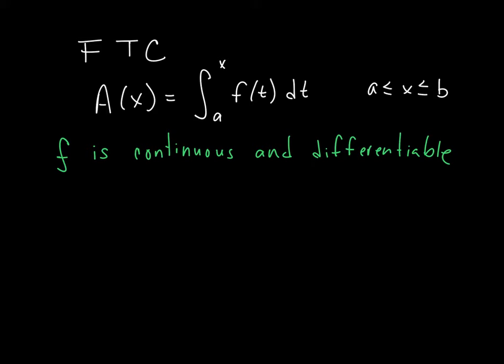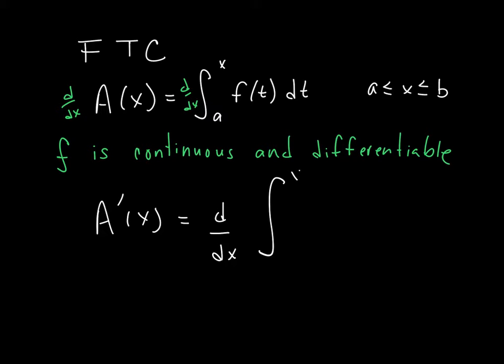Now, if I want to take d dx of both sides of this, then the derivative of the area function, the derivative with respect to x of the integral from a to x of f of t dt, is just equal to f of x. In other words, this means that the derivative of the integral of f is f.